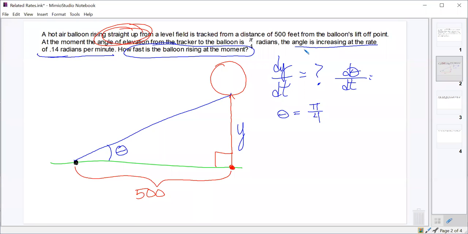Well, I just meant in the context of this problem. You're right about that, we'll get to that in a second. But how is theta changing? It's increasing at a specific rate, isn't it? d theta/dt is 0.14 radians per minute. Theta is increasing at 0.14 radians per minute. Would you all agree with that?